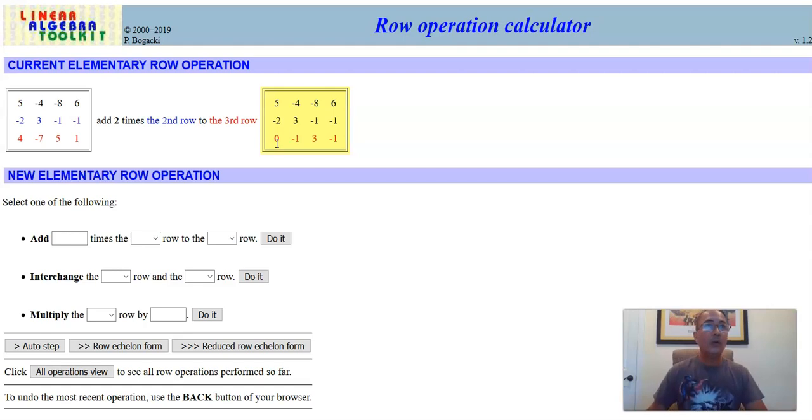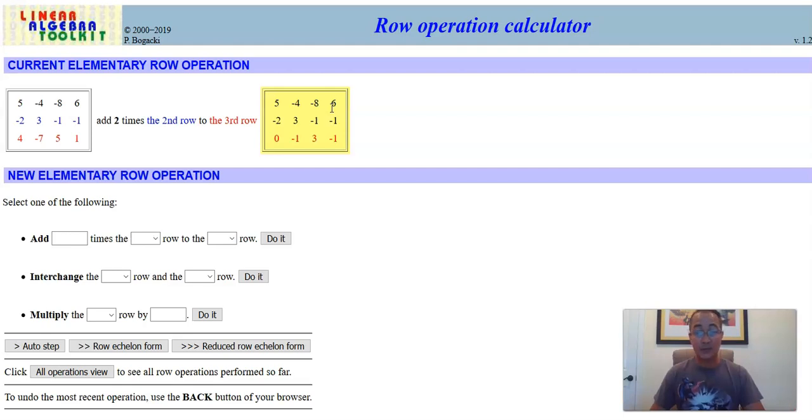Now, we do want our x to be all alone with a coefficient of 1. So the easiest way to do that is to think of 5 minus 4. Okay, so we add twice the second row to the first row, so that we'll get 5 minus 4 equal to 1, instead of dividing by 5, which will give us fractions right away.